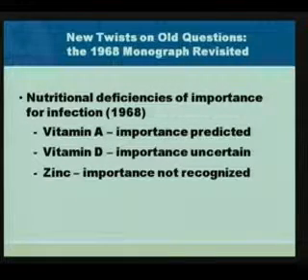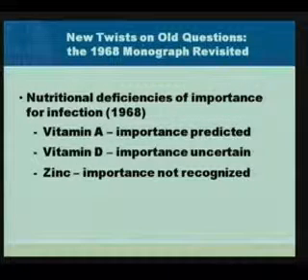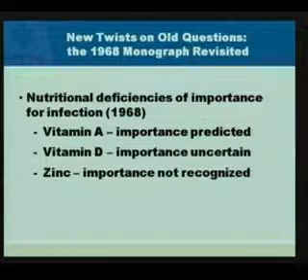With vitamin D, there was some back and forth, and I would say the evidence was unclear. There was sort of an uncertain status at the time, discussion, for example, about TB, but maybe less certain. And the importance of zinc deficiency at the time really was not recognized.